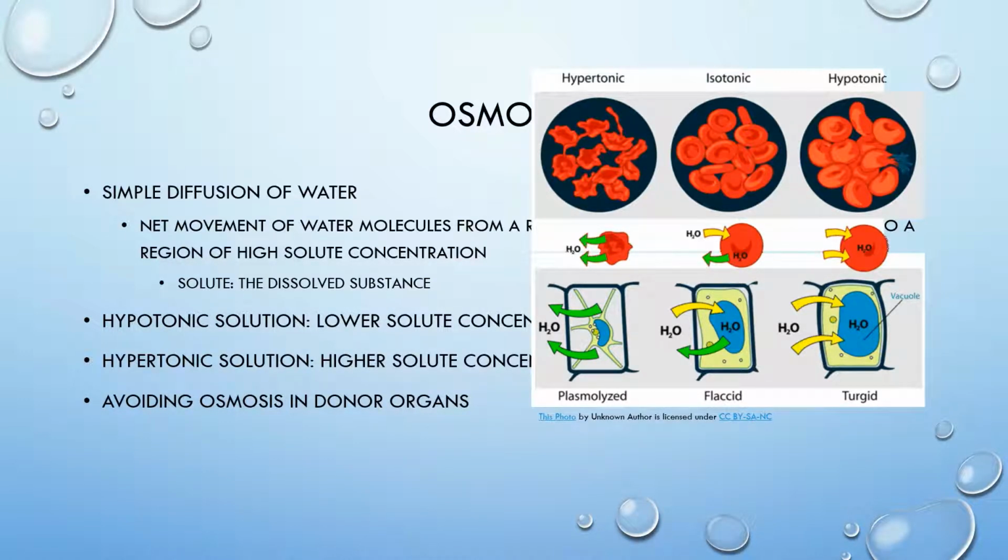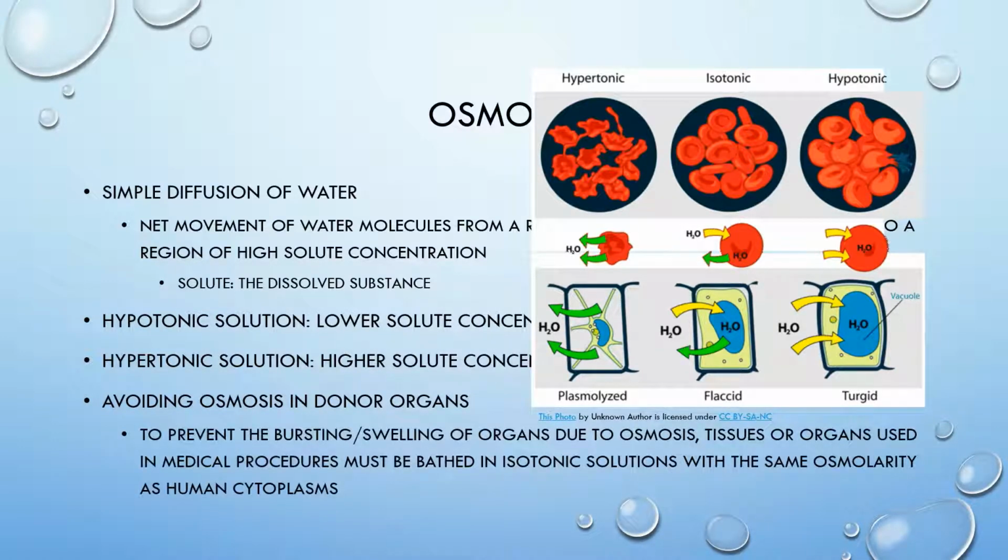On the other hand, if the organ is placed in a hypotonic solution, it will take up too much water and eventually burst. To prevent the bursting and swelling of organs due to osmosis, tissues and organs used in medical purposes must be bathed in isotonic solutions, which is a solution with equal concentration as human cytoplasm.